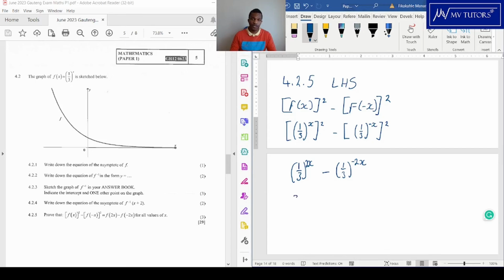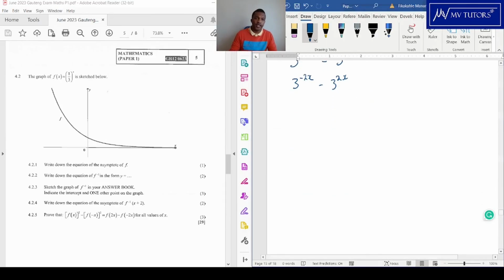Maybe we should, let's just do it. Maybe you won't be confused. It's 3 to the power minus 2x, minus, and then this one, getting rid of the fraction, it's 3 to the power 2x. So finally it's 3 to the minus 2x minus 3 to the 2x, plus, because a negative and a negative makes a positive, 2x. Well, that's what the left-hand side gives us.